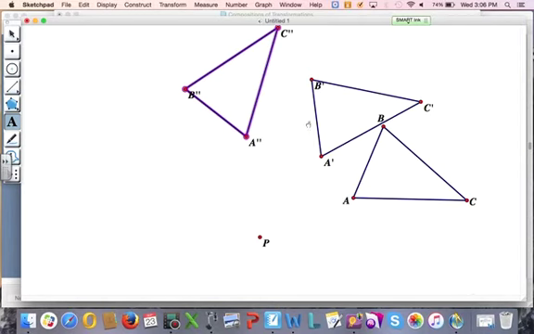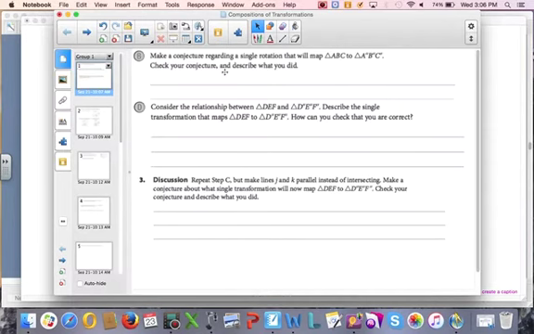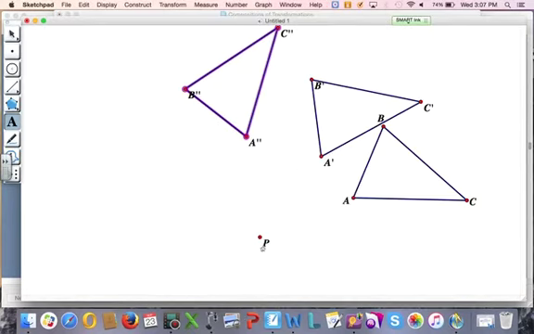And then in part B, it says to make a conjecture regarding a single rotation that will map triangle ABC to triangle A double prime, B double prime, C double prime. So what I'd hope you'd have is a gut instinct that if I had started at triangle ABC and done a different rotation, I would land at A double prime, B double prime, C double prime.